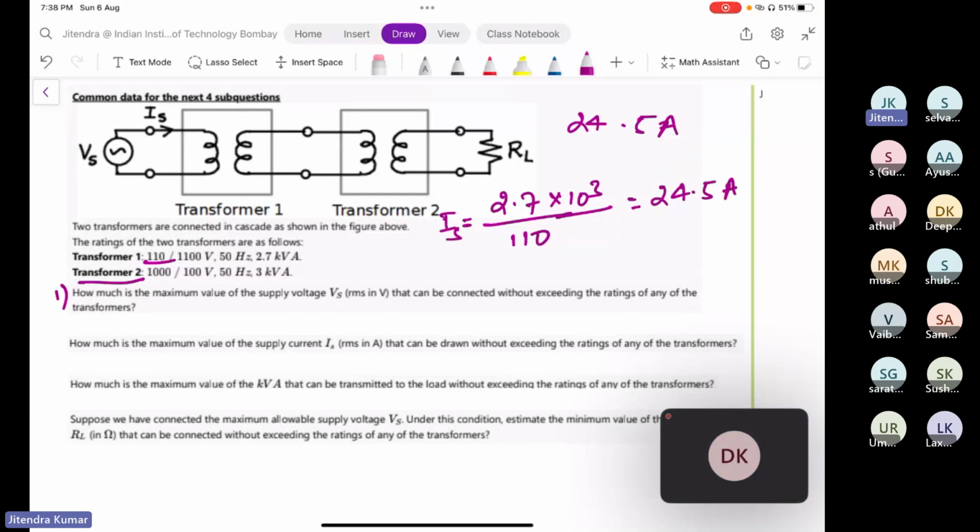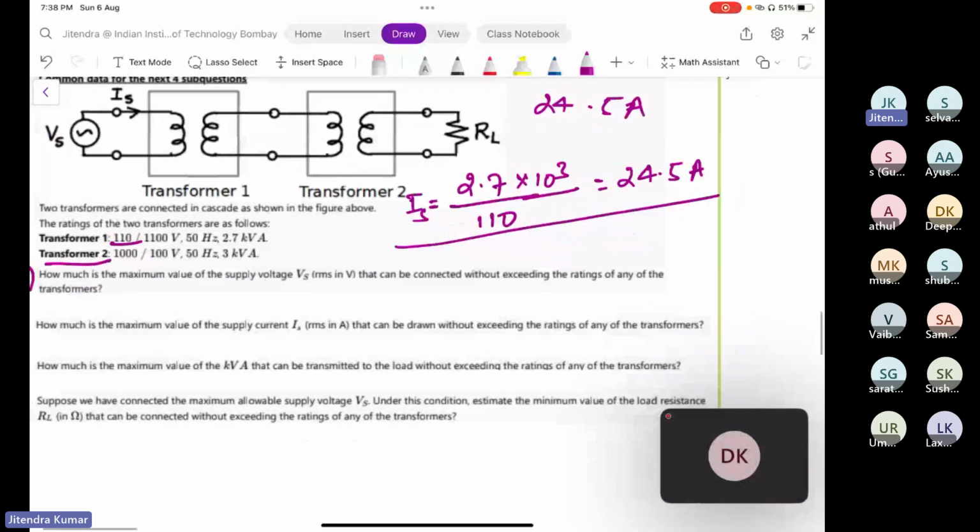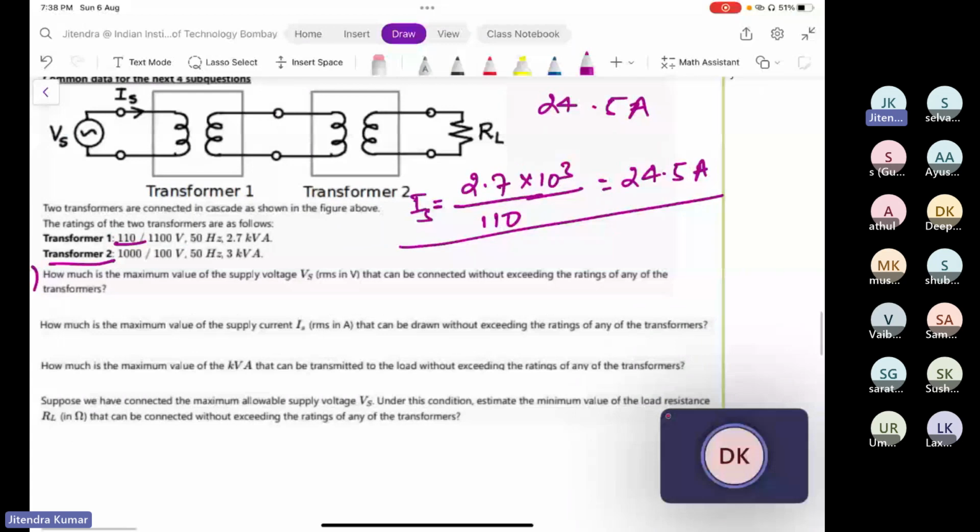And now we will calculate the primary current of the second transformer, which has the kVA rating of 3 kVA. I2 is 3 kVA divided by 1000, so it will be 3 ampere.